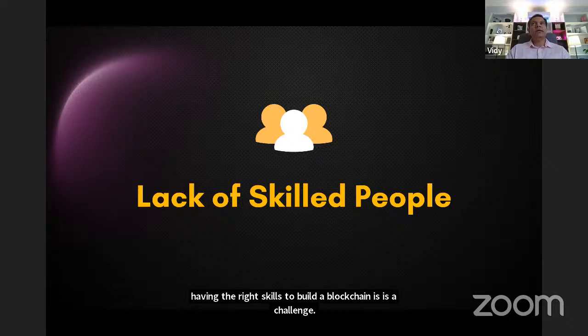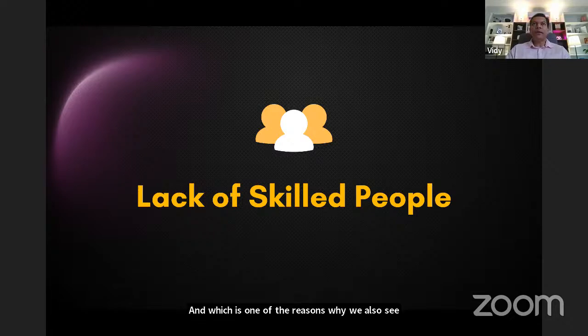It is one of the reasons why we also see adoption being difficult, because even if companies want to implement a blockchain solution within their organization, when they look to hire people, they may or may not find the right talent within the reasonable budget they have for their blockchain project ideas. So lack of skilled people is one very major problem that the industry is facing.